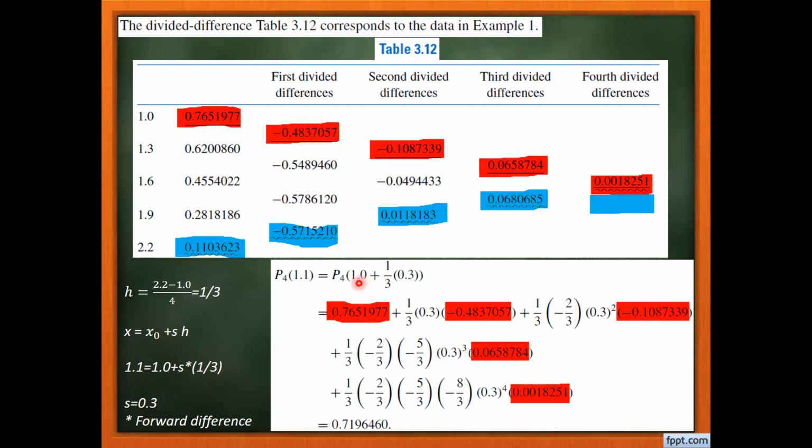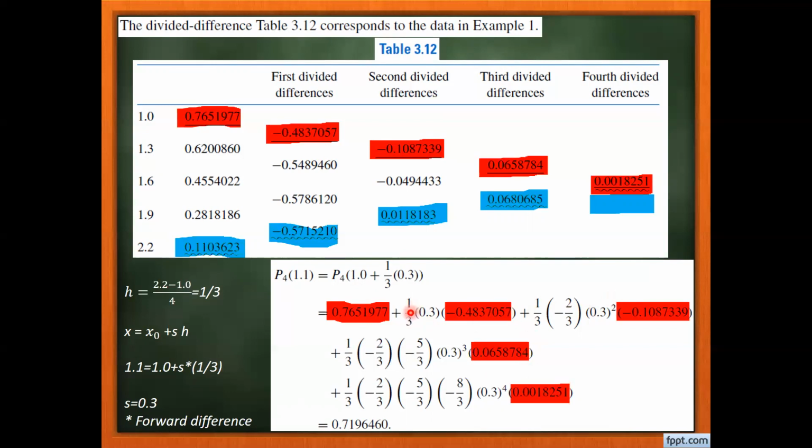Now I have the value of x naught, which is 1, the value of h, which is 1 by 3, and the value of s, which is 0.3. So when I want to calculate the value at 1.1, I will substitute the values of s and h. That is f of x naught, the zeroth order divided difference, first order divided difference, and second order divided difference, which are shown in red, multiplied by s times h.